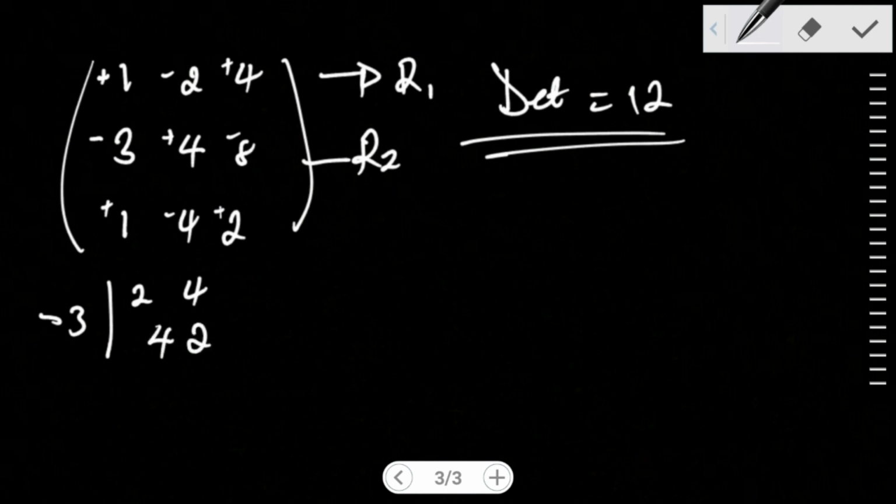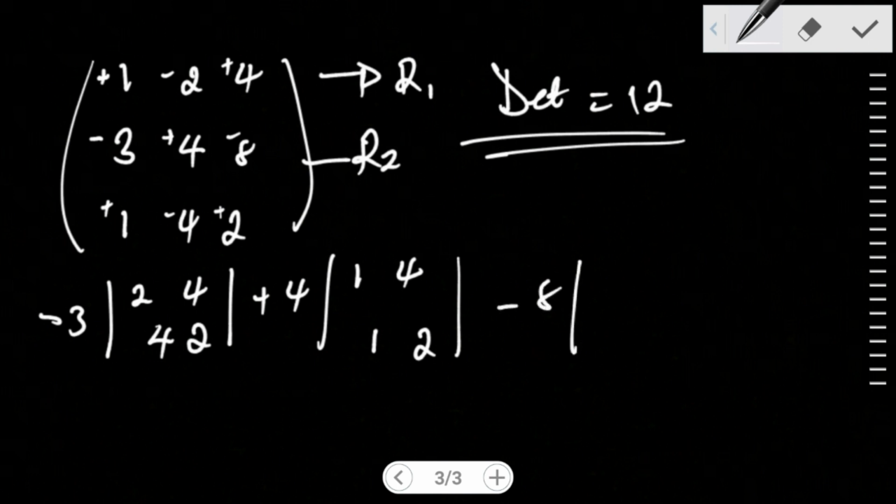Then plus 4 into, I'm having 4 in this case, that means I'm going to have 1, 4, 1, 2. Then minus 8, then I'm going to remain with 1, 2, and 1, 4.